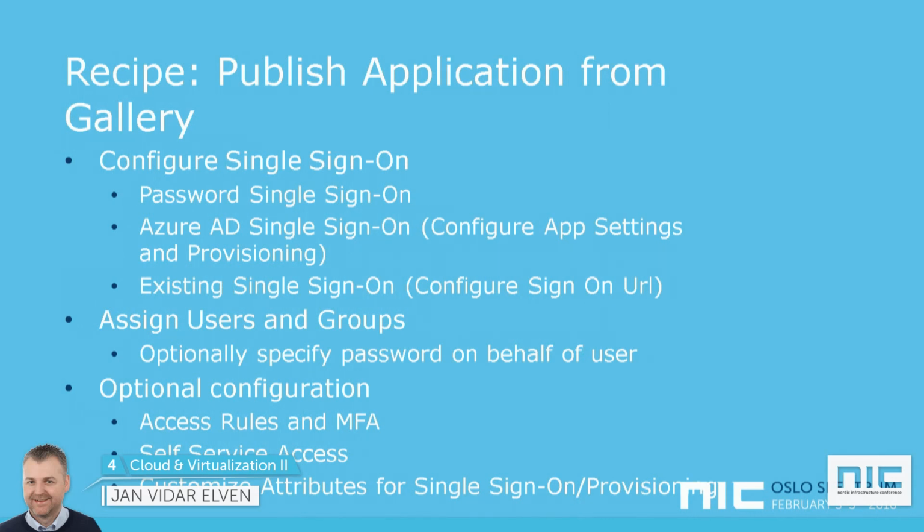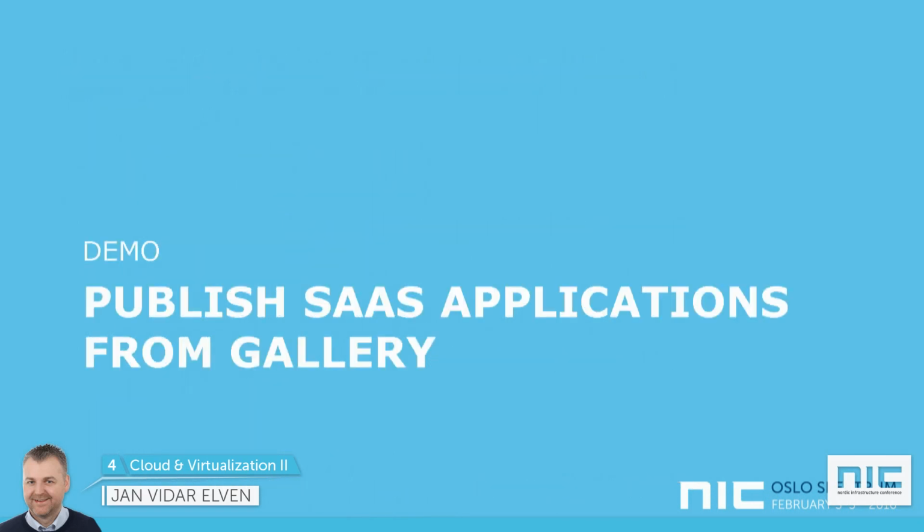You have to assign users and groups, and you have some optional configuration. For example, those access rules, depending on whether to use multi-factor authentication, self-service access, and you can also configure some attributes. And then you can publish those applications. I will get back to that demo right away.